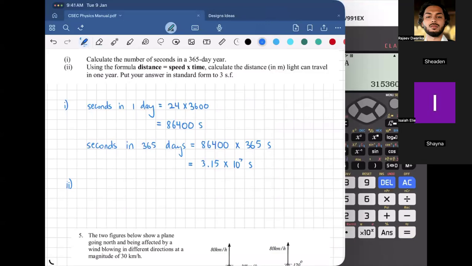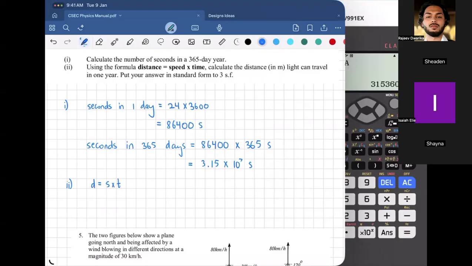Yes, because 1 year has 3.15 by 10 to the power 7 seconds. Right. Shay, read that question for me. Using the formula distance equals speed times time, calculate the distance in meters light can travel in 1 year. Put your answer in standard form to three significant figures.